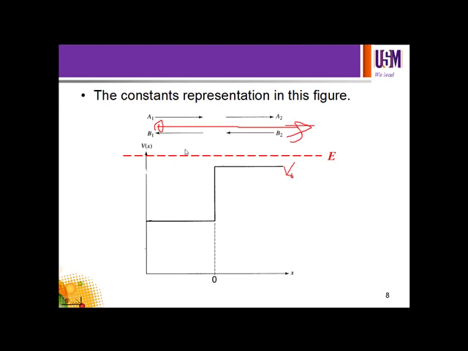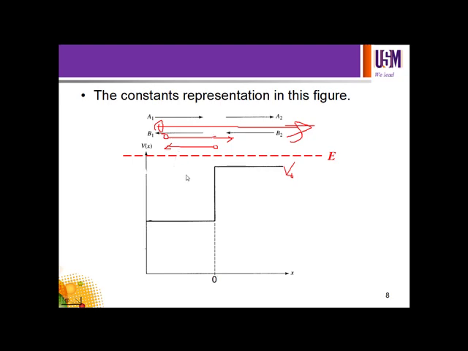But in quantum mechanics, we are talking about the probability of the particle being transmitted, and it is non-zero. And the probability of being reflected back is also non-zero. That means some particles will be observed to pass through, but some will be observed to be reflected back from the step potential.